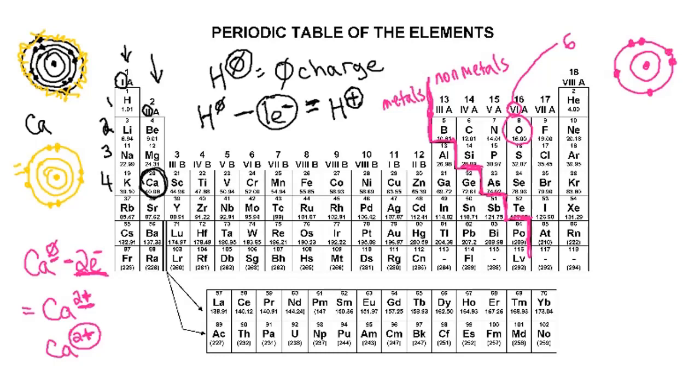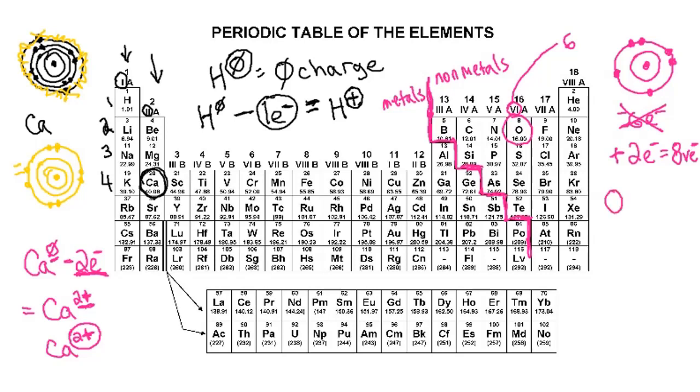It would be too much energy to get rid of all 6 electrons, because it only needs 8 to be complete. So what it does is it adds 2 electrons in order to get 8 electrons on its valence shell.